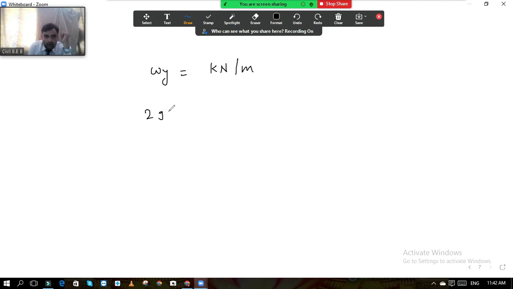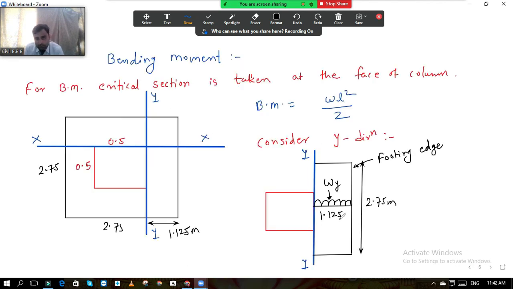This 297.52 is the soil intensity, and it is in kilonewton per meter square. If we multiply this by one of the lengths, which is in meter, then we get a new unit. Here the two lengths we have are 1.125 and 2.75.